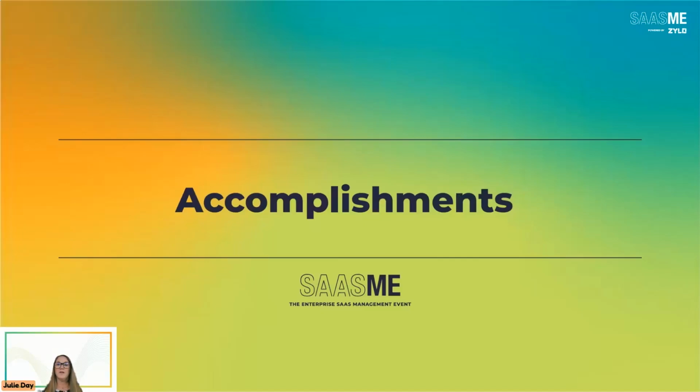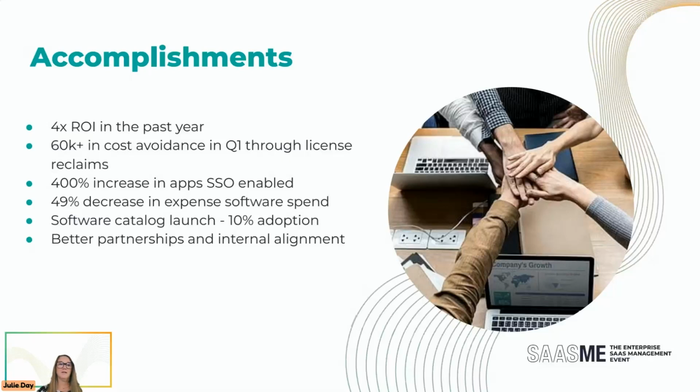All right. So now I'm going to talk a little bit about the wins that BlackLine is seeing as a result of our SaaS management program. Okay, we've seen a return on investment 4 times in the past year, which has been awesome.